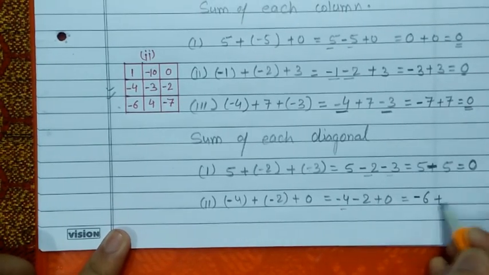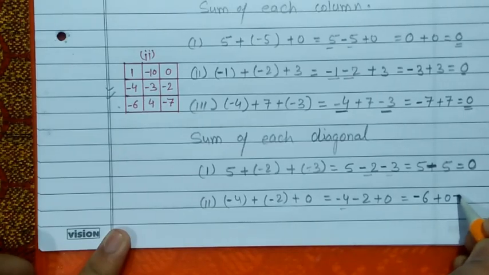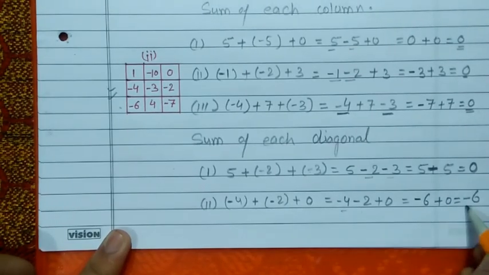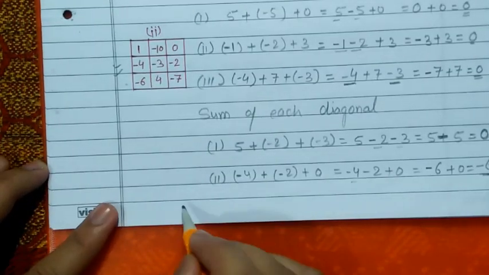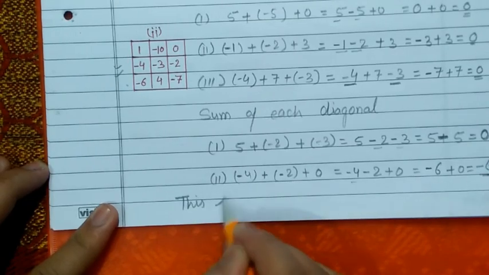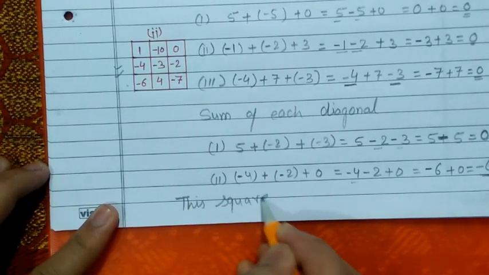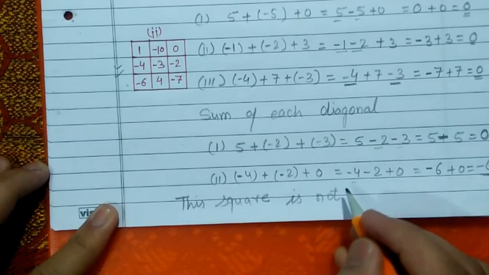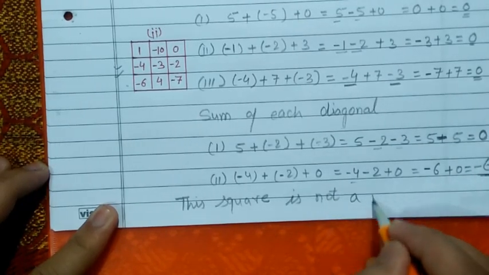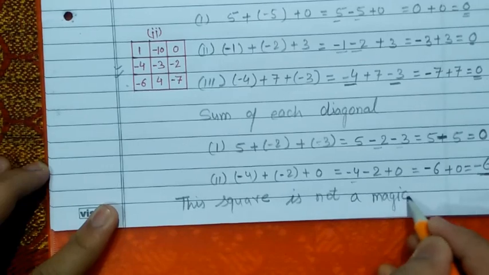Minus 6 plus 0 is equal to minus 6. So in the second diagonal, we got a different answer. Okay, it means that this square is not a magic square.